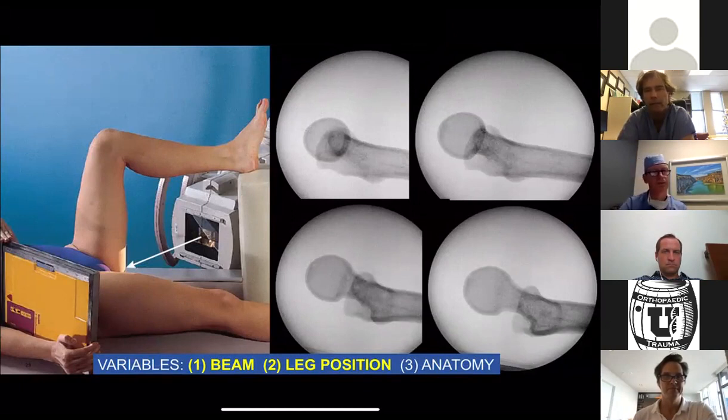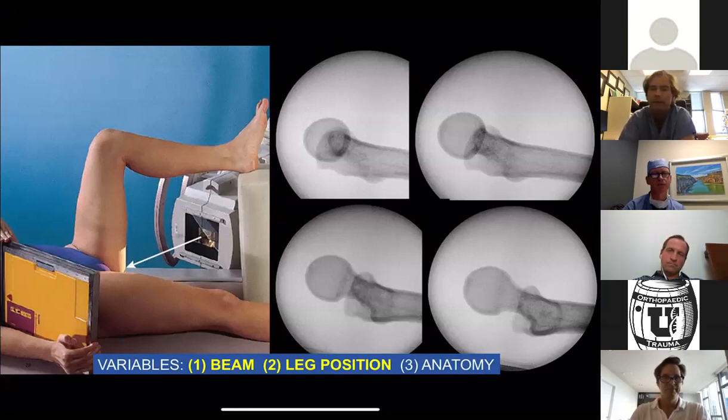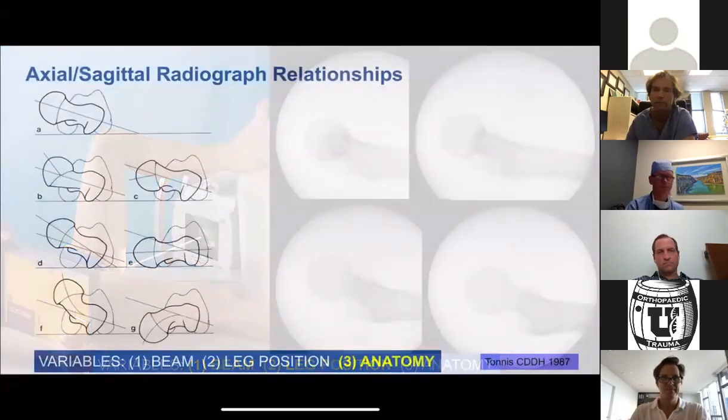And this is actually possible now, with the guides that we have available for insertion, oftentimes they will not be in the way when you try to create more obliquity like this. It allows you to see things a little bit better. So recognize that in the same rotation, you can uncover more of the neck by changing the obliquity of the C-arm to the limb. This is very helpful when you're dealing with proximal fractures.